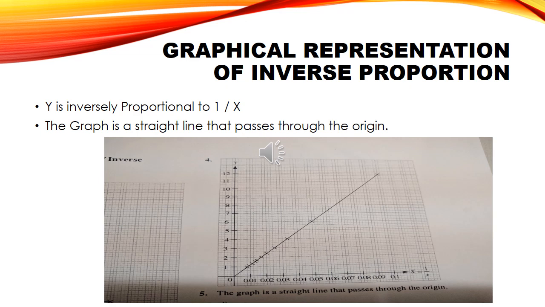One more question: although y is inversely proportional to x, what is the relationship between y and 1 by x? Here in the equation, k by x shows a constant. So what is the relationship between them? Yes, both are directly proportional to each other. Clear?